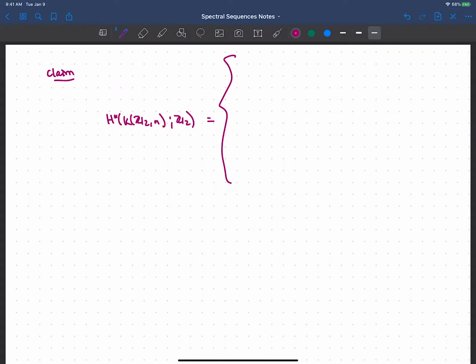So let's do reduced, why not? So this should be 0 in degree 0, since now we're doing reduced. And I should have a bunch of zeros up until that fundamental class in degree n.